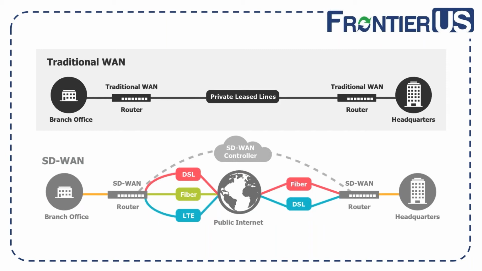By leveraging SD-WAN and the lower cost, more readily available commodity links, we're able to decrease costs, increase agility, have better application performance across the multiple WANs, and allow for the most flexible and expedited deployments.